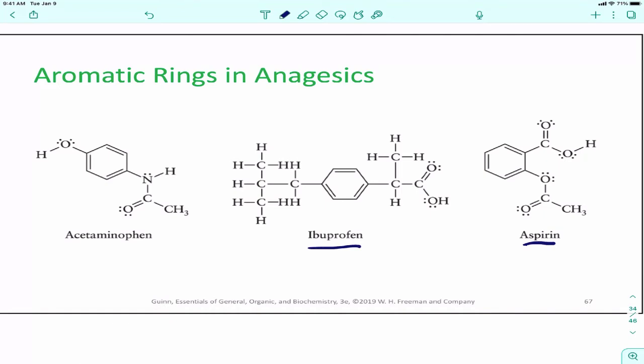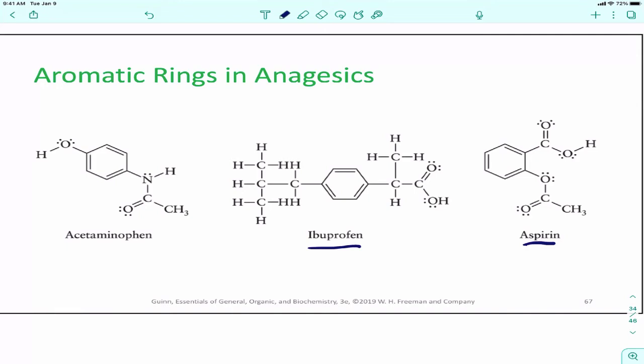Aspirin was actually the first of these compounds to come out, and it was discovered way back in the 1750s. When settlers were coming to the original 13 colonies, before the American Revolution, people found out that if you have a bad headache or a pain in your body, all you have to do is chew on a little bit of willow bark, and somehow it releases a compound that takes the pain away.